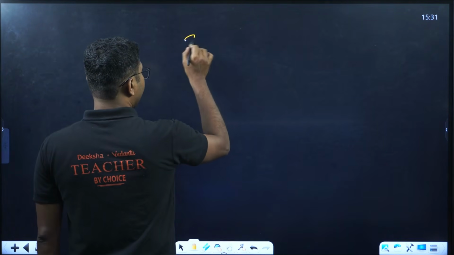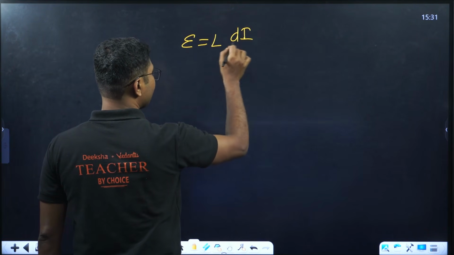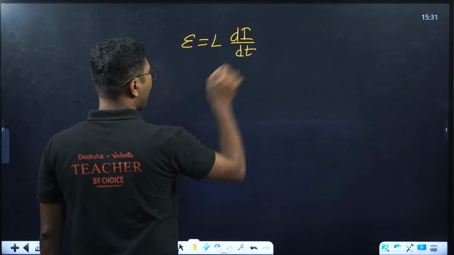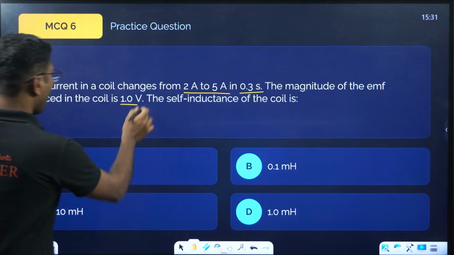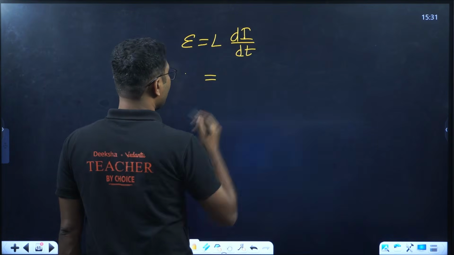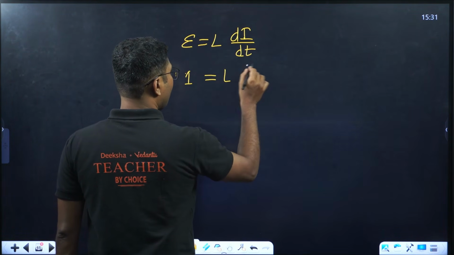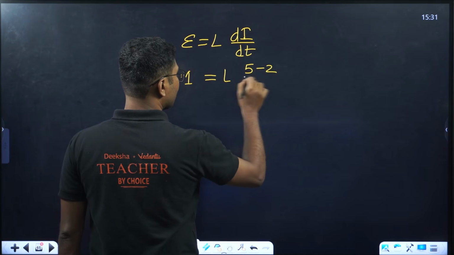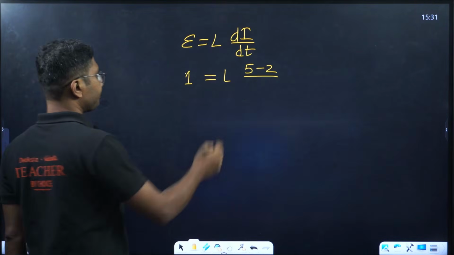So we know that induced EMF is given by L di/dt, again magnitude wise. Okay, now induced EMF is given here as 1 volt. Current is changing from 2 to 5. So 1 volt equals L times (5 minus 2) divided by time, given here as 0.3 second.